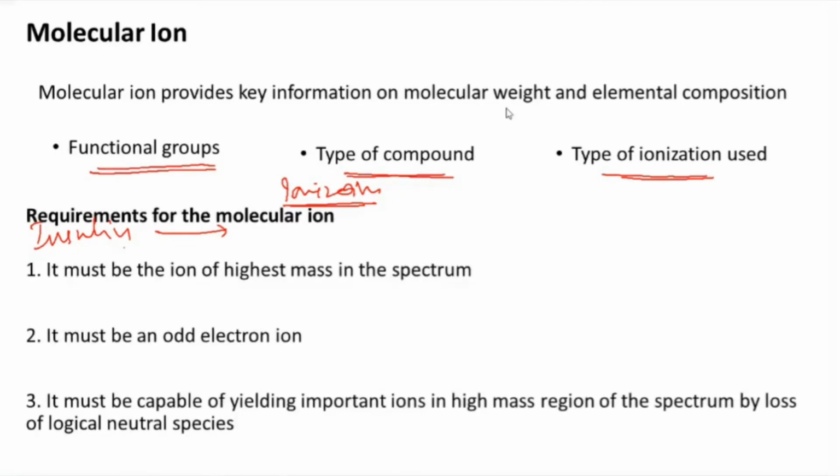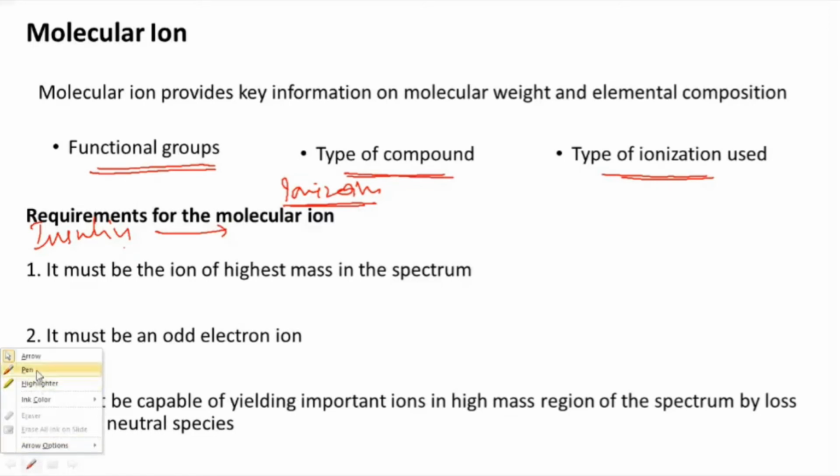Okay. So in identifying the molecular ion, it must be the ion of highest mass in the spectrum. It must be an odd electron ion, meaning from the molecule one electron is removed, not the functional group or proton. It must be capable of yielding important ions in the high mass region of the spectrum by loss of logical neutral species.